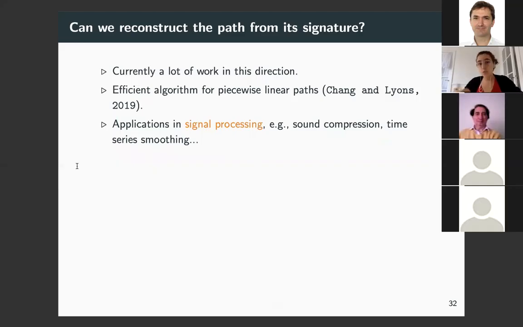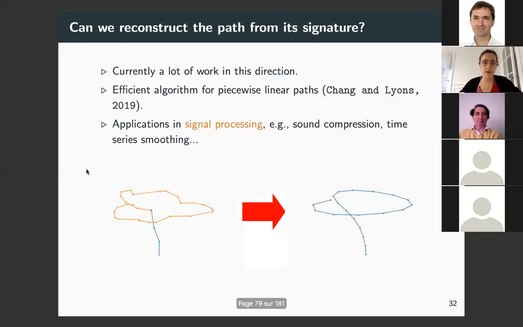Yes, we can reconstruct the path from the signature, and there are now efficient algorithms for piecewise linear paths. This is also a really active area of research when you want fewer assumptions on the path. For example, I can show here one sample from the Quick Draw data. This is supposed to be a flower, it's not really beautiful. I computed the signature and then I inverted the signature, and this is the path I get.